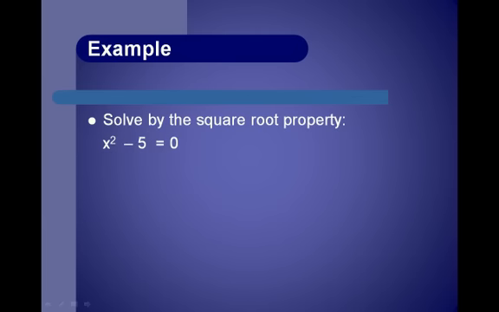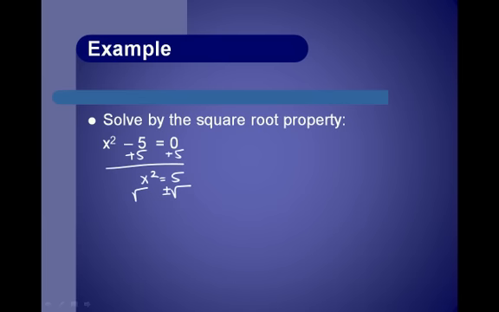Now this one looks a little different. X squared minus 5 equals 0. Notice it's not of the form something squared equals a number. But if we added 5 to both sides, we get x squared is equal to 5. Now it's of the form something squared equals a number. So the square root property says we can square root both sides.